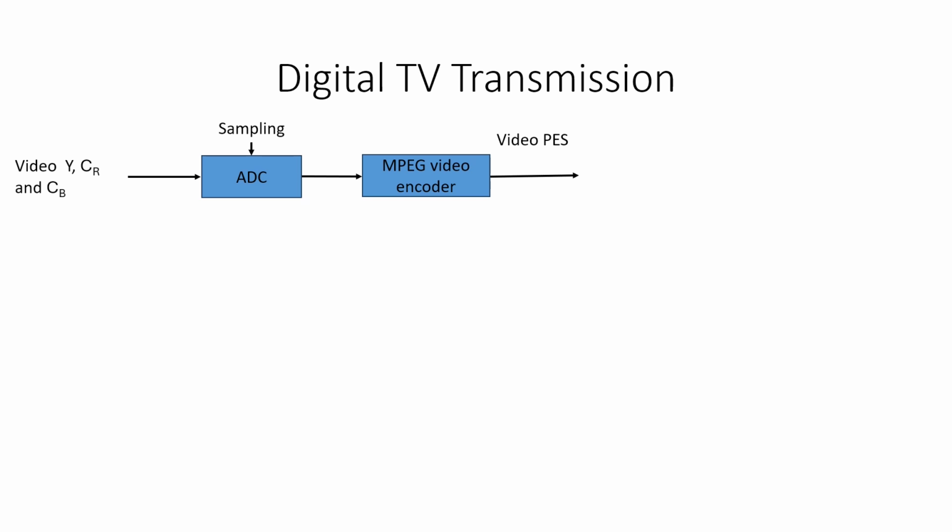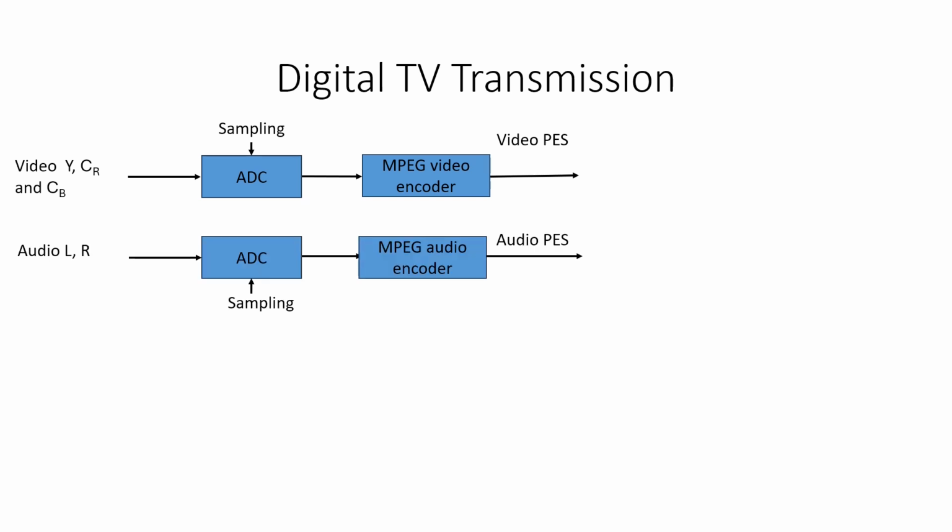The basic components needed for digital TV transmission are described in this block diagram. The video signals, luminance and chrominance, are sampled in an analog to digital converter or ADC as previously described. The video signals are then encoded in the MPEG video encoder, and the output is called a packetized elemental stream or PES.